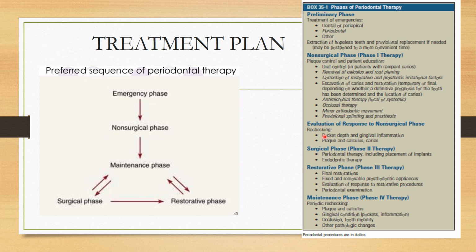Then again evaluation after 2 weeks. If there is inflammation, you have to re-evaluate the patient after 2 weeks. Then if it is indicated, the patient should be referred for the surgical phase. And if any restorative phase is needed, you have to refer for phase 3, and then again coming to the maintenance phase.